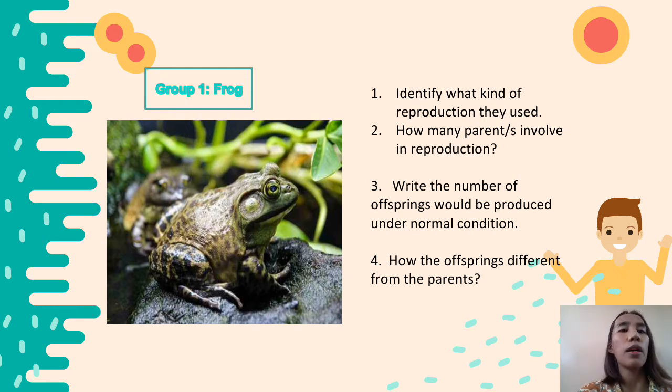The female frog lays eggs in the water, and the male frog sheds sperm on the same area. So the egg is fertilized in the water. So the tadpole will be created and will become a frog. Okay, so now, very good. Group 1, please give a round of applause.